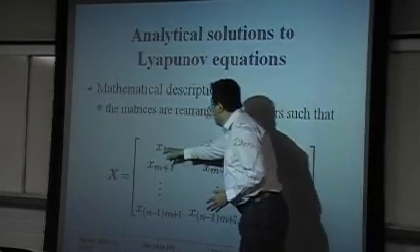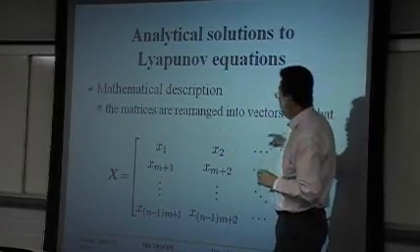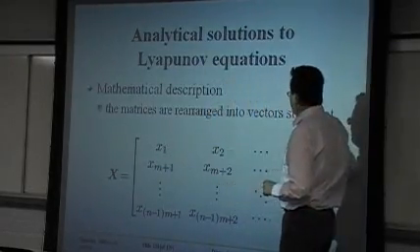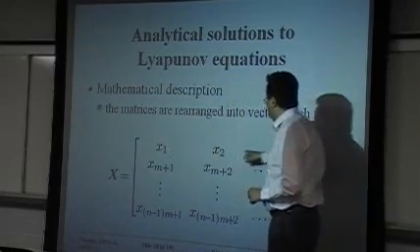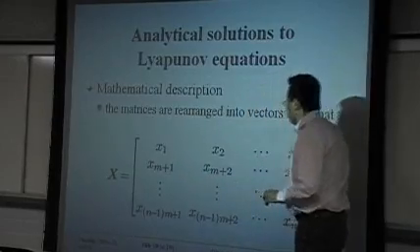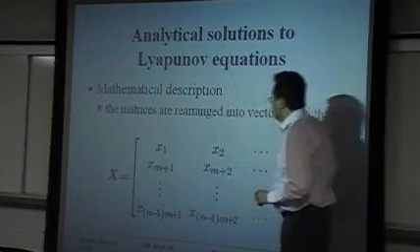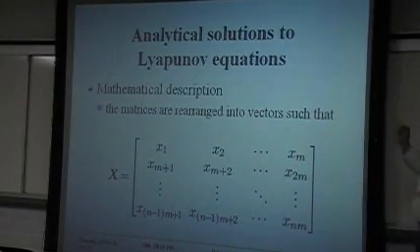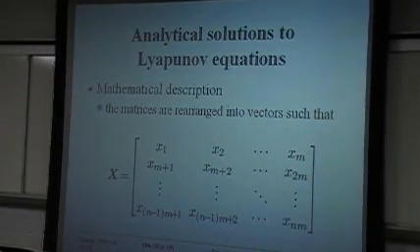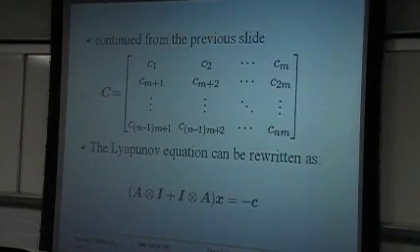If we rearrange the matrix, we can get a row vector, or even a column vector, similar thing. We can have the first row, followed by the second row, followed by the third row, and then we can rearrange the matrix X into a vector. And we can also express matrix C in the same way, as vectors like this.